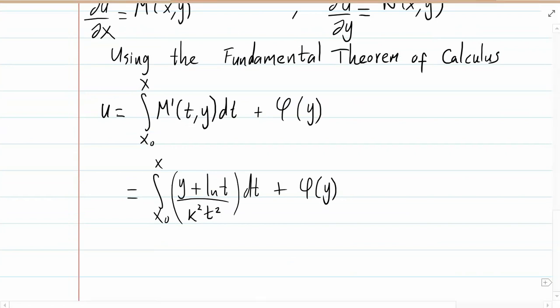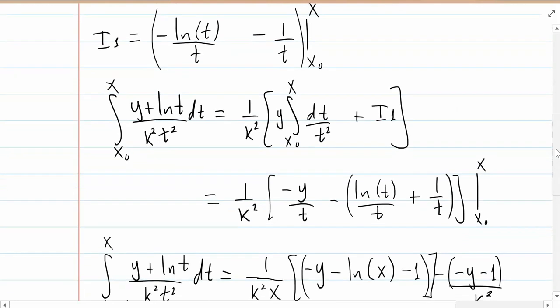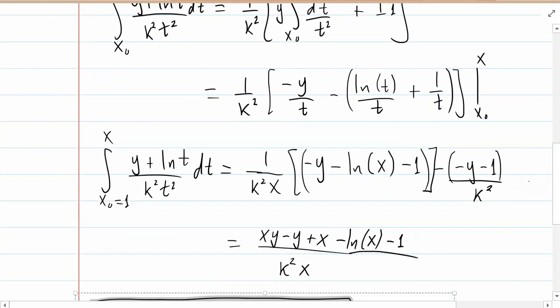So we go back in here and we analyze how that happened. Well, basically, when I choose x naught, it needs to be something that will either give me a constant or 0. I cannot end up with a function of y.